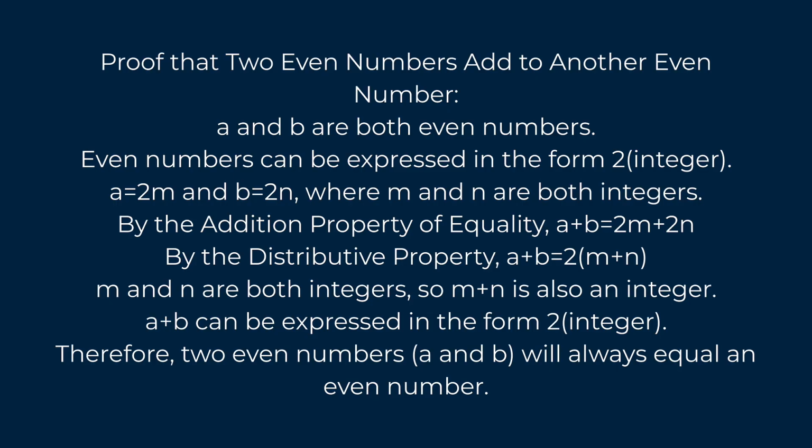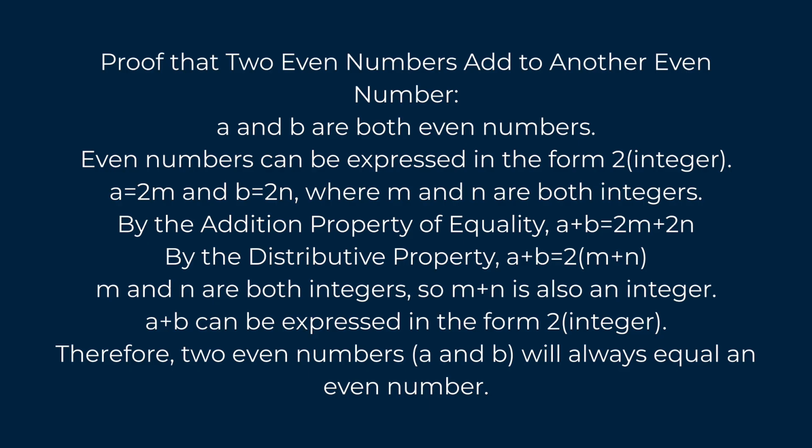Since even numbers are divisible by 2, they can be expressed in the form of 2 times an integer. That is a theorem. And we can write a equals 2m and b equals 2n, where m and n are both integers, because we know that even numbers are divisible by 2.